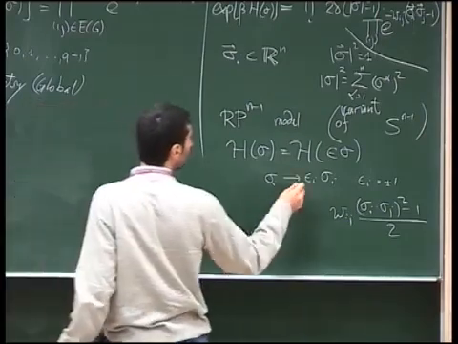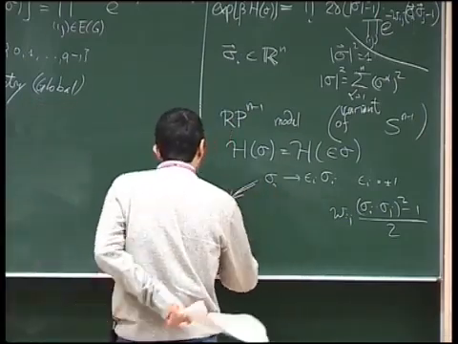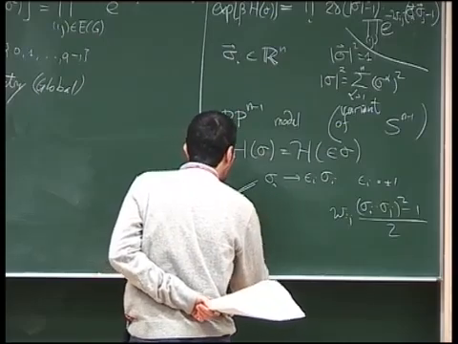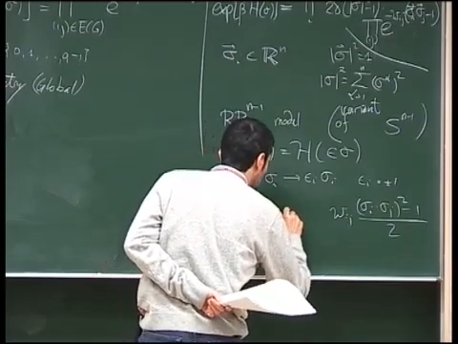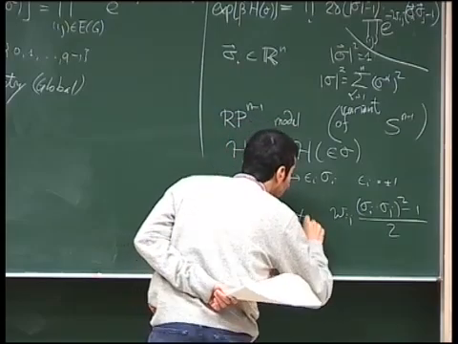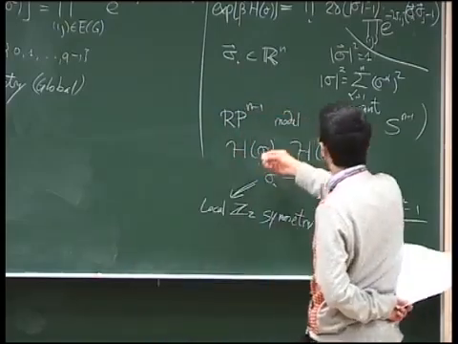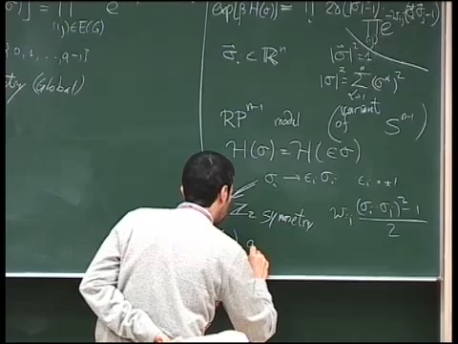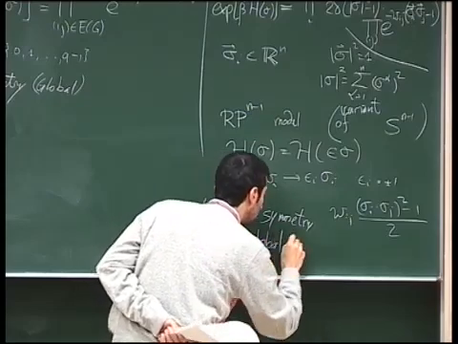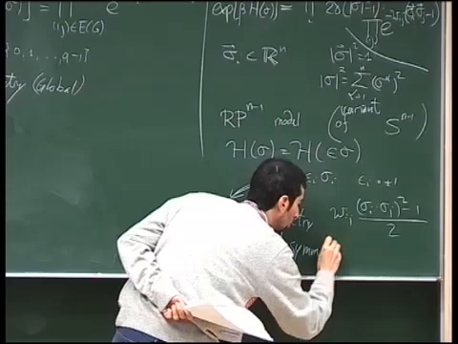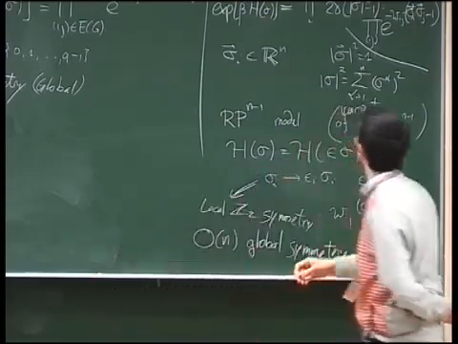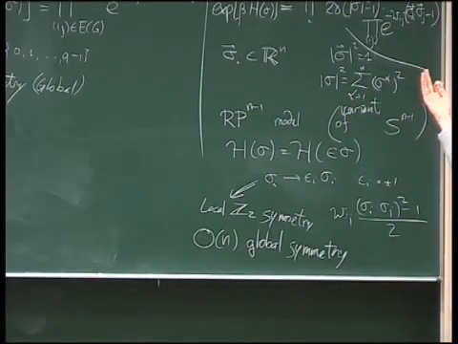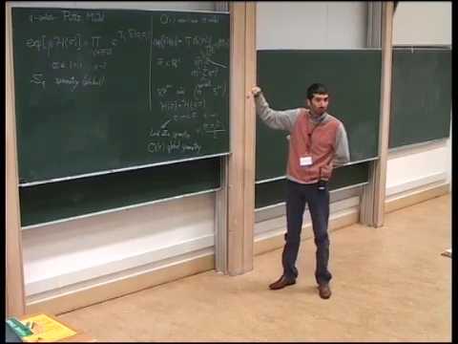So this is called local Z2 symmetry, in addition to, of course, the O(n) global symmetry, by which I mean the action is invariant if you rotate all the sigmas with the same rotation.